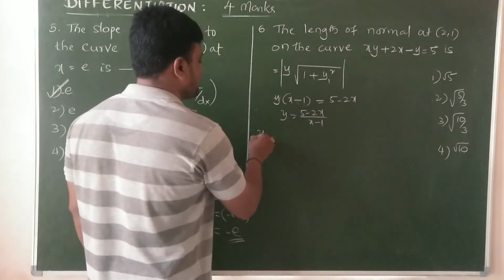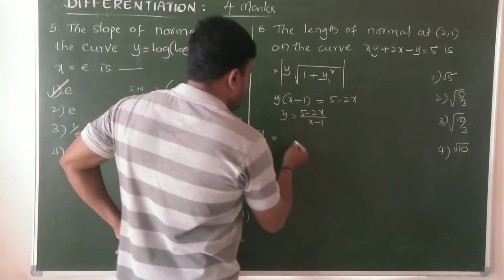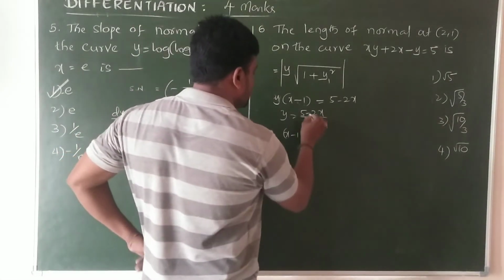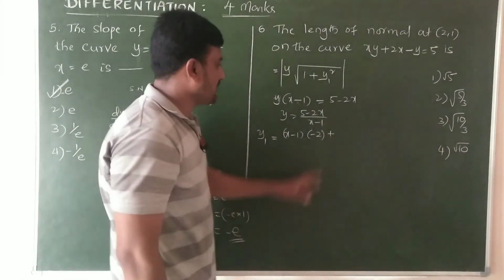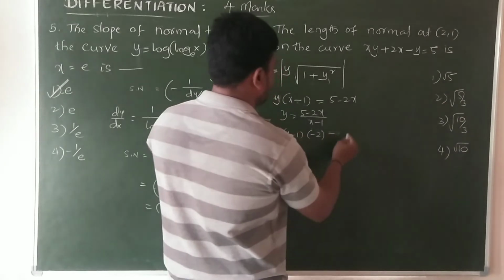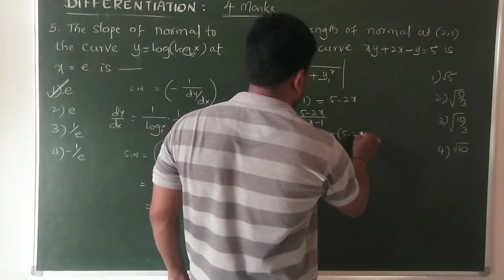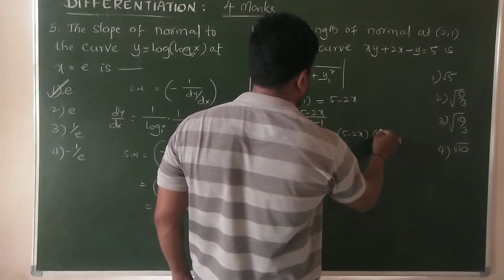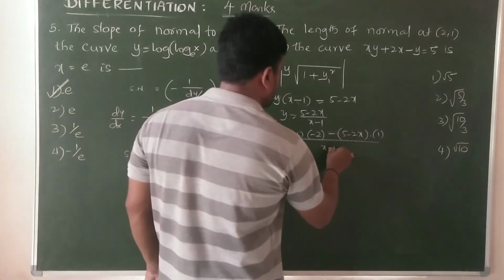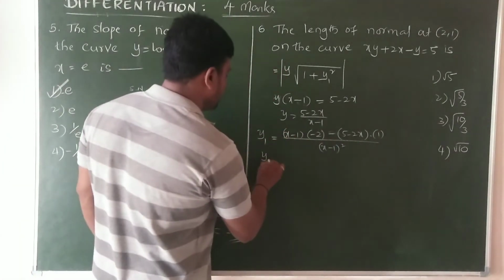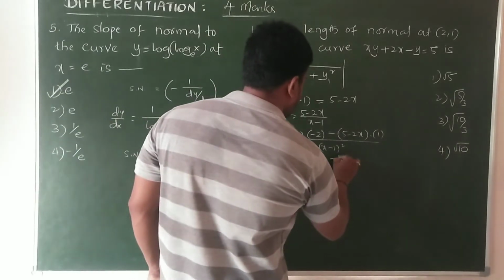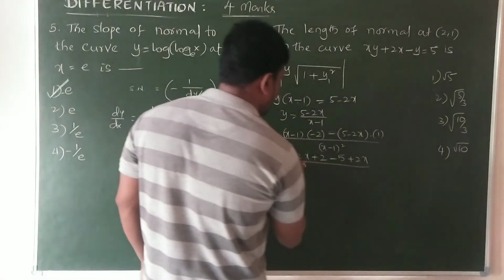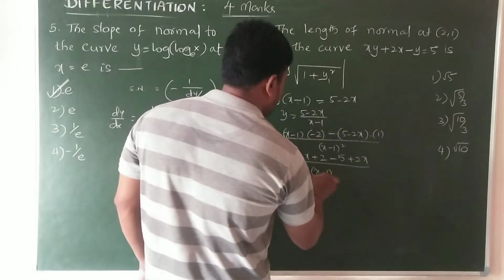We need y1. Then u differentiation of v minus v differentiation of u, and 1 by v square, you know. Then y1 equals minus 2x plus 2 minus 5 plus 2x by (x minus 1) whole square.